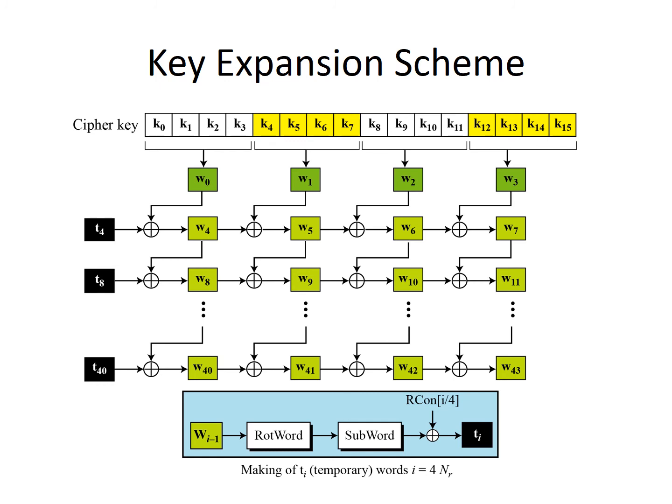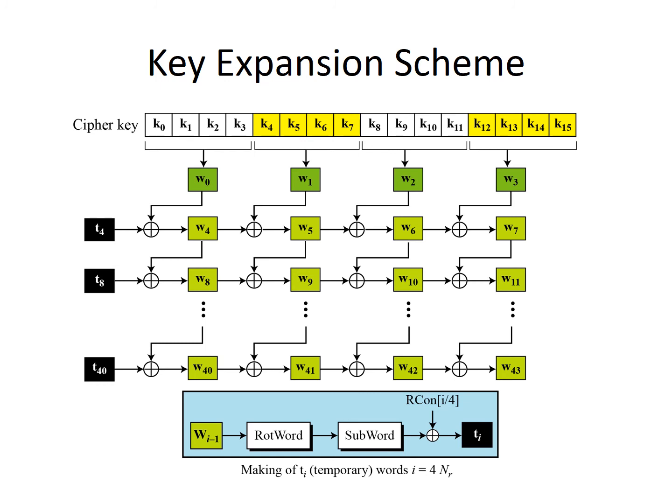Here you can see the key expansion scheme explained very well. Anyway, each and every operation we will see one by one. This is our 128-bit key. I have represented it as bytes, that is K0 to K15. We are going through some operations so that we can generate the 44, that is 0 to 43, different words, where each word consists of 4 bytes.